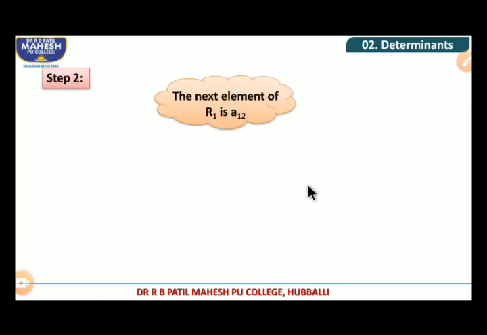Go for the next step. The next element of R1 is A12, which is present in the first row and second column.